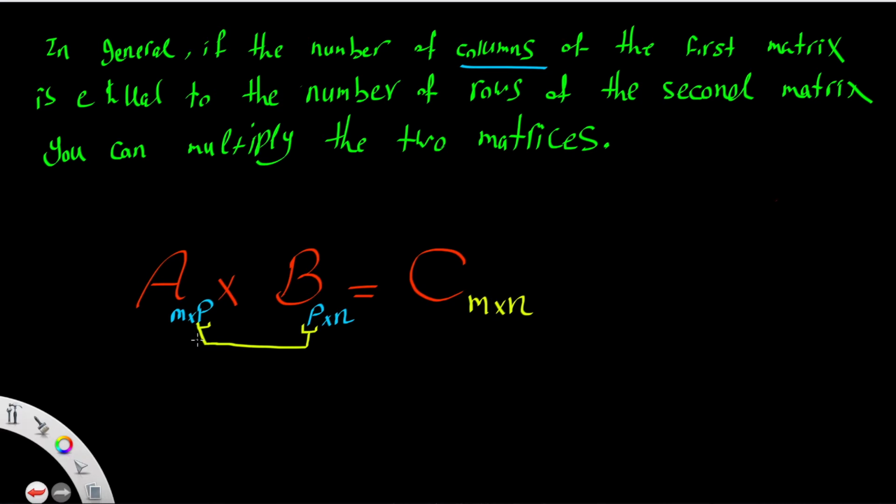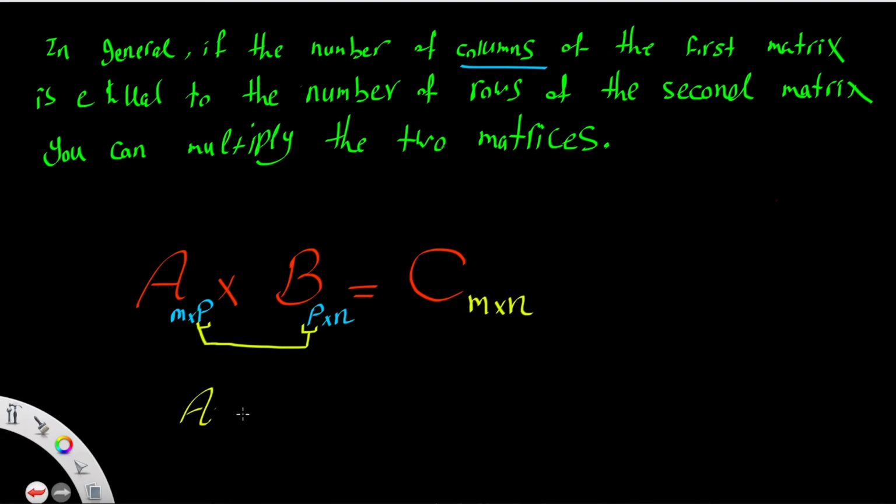So again, in order to be allowed to multiply two matrices, the number of columns of the first matrix should be the same as the number of rows of the second matrix. So if they are equal, you are allowed to multiply the two matrices. So the product matrix will be a new matrix with a new order. What is the order of the new matrix? The product matrix is m by n.